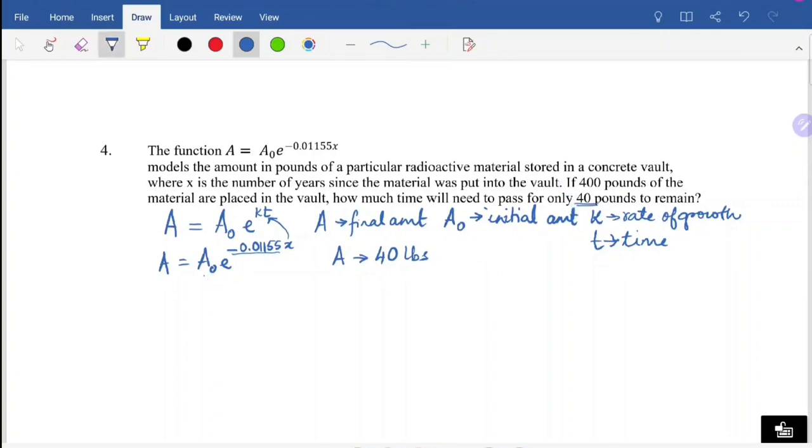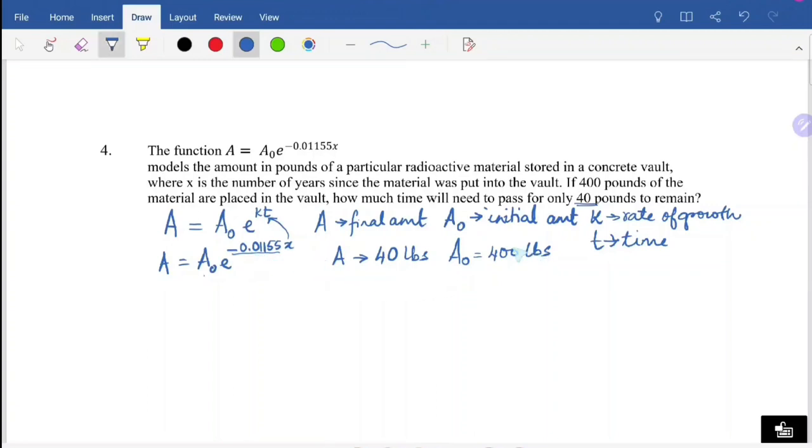Then A sub 0 is the initial amount, so what we start with of the radioactive material is 400 pounds. So it's going to be A sub 0 equals 400 pounds. And then, of course, K is given to us. X is what we have to find.